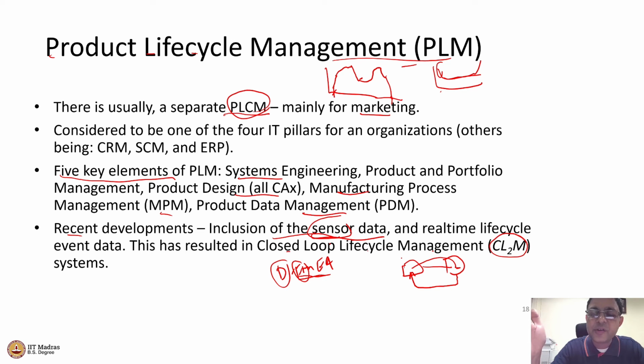The idea being, can I reduce the time from when I conceptualize the product to the time I actually get the product to my consumers? PLM is very important. PLM is considered as important as other IT pillars of the organization: CRM, customer relationship management; SCM, supply chain management; ERP, enterprise resource planning. These are very important IT systems, and PLM is supposed to be as important as these three, right?